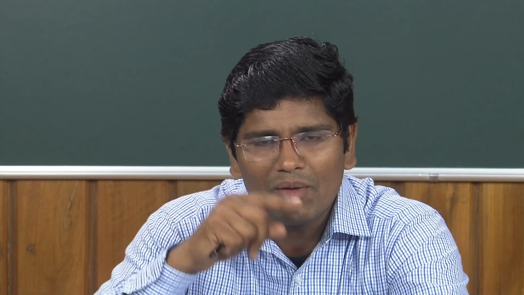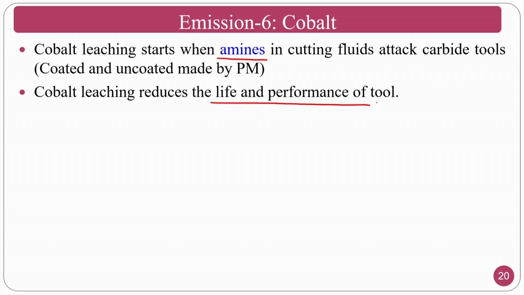Whenever you do it, what will happen? If you use a cutting fluid which contains amine groups, the cobalt will leach. Whenever the cobalt leaches, the basic problem is that mechanically the tool loses its performance, and at the same time it causes a lot of problems to the operator. Cobalt leaching reduces the life and performance of the tool.